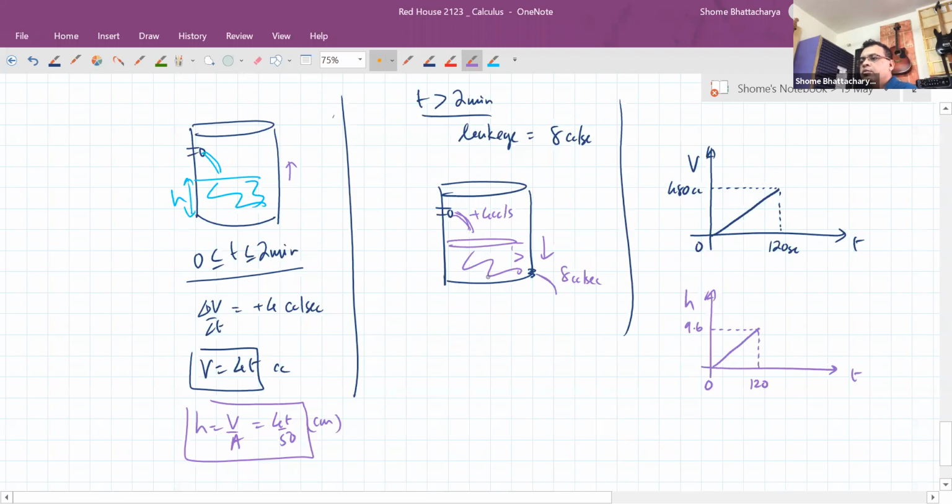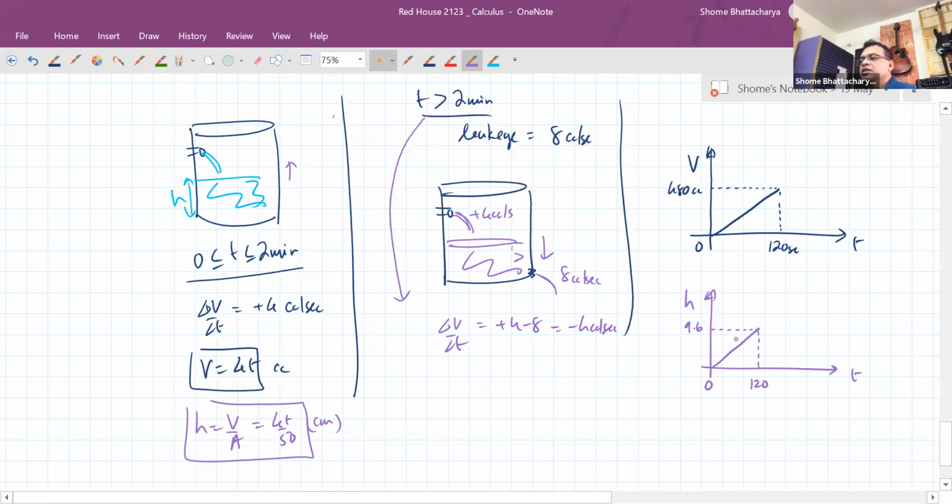Okay. But now what is happening in the second part, the rate at which the volume is changing in this time, t greater than 2 minutes, that is equal to +4 minus 8. So that is minus 4 cubic centimeters per second. Okay. So the volume is decreasing at this rate.